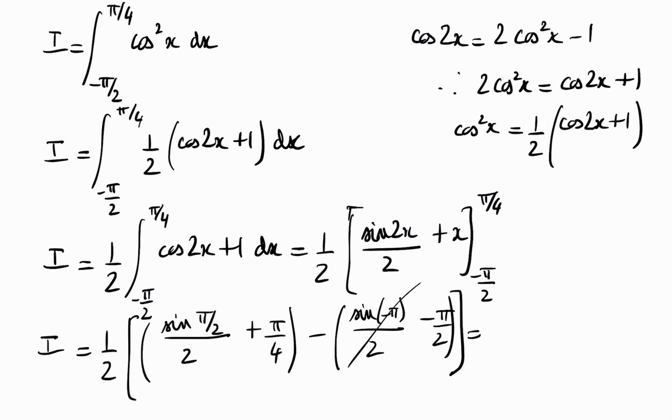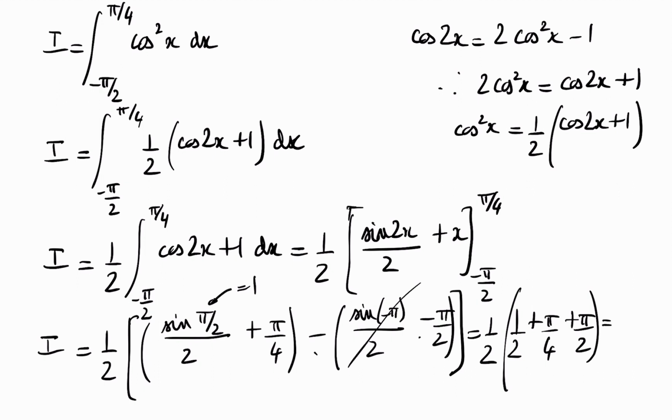Okay, so this is 0, this is 1, so it's 1/2 of 1/2 plus pi on 4, and then for the second term there is minus, so plus pi on 2.